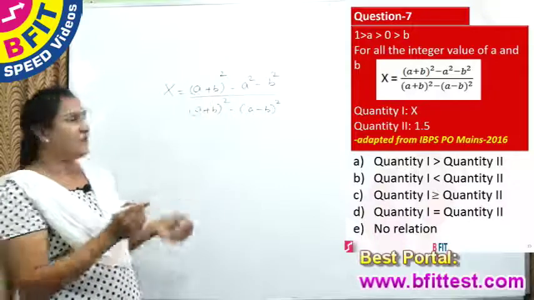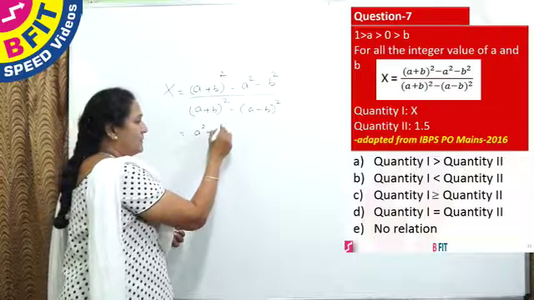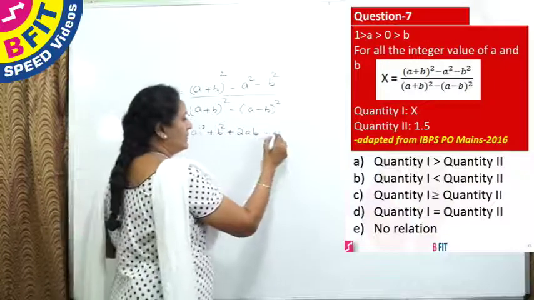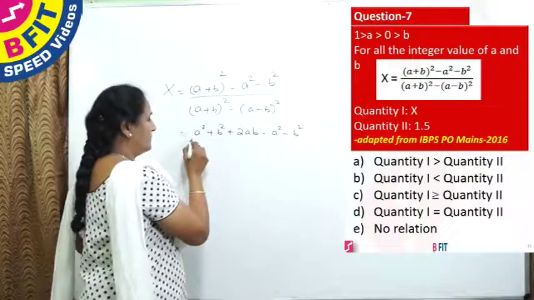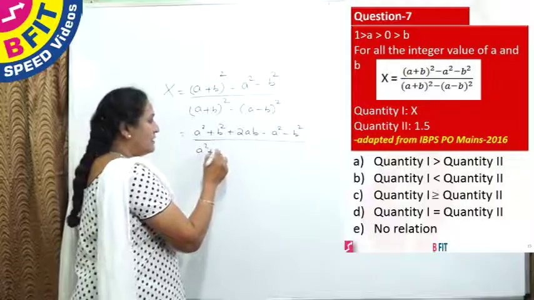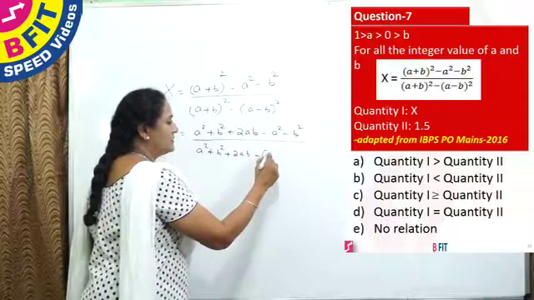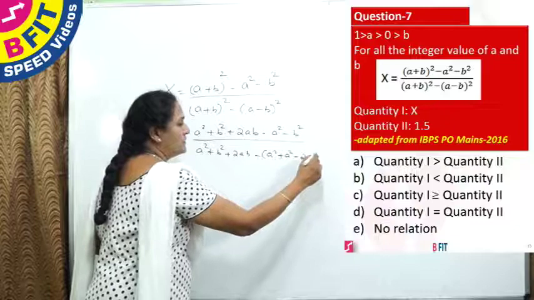Now expand this (a plus b) the whole square. A square plus b square plus 2ab minus a square minus b square, by a square plus b square plus 2ab minus a square plus b square minus 2ab.